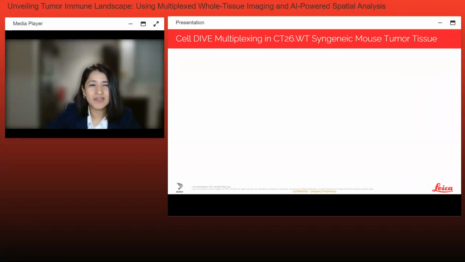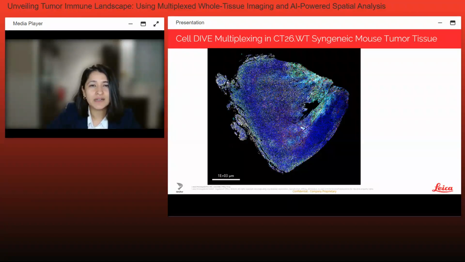And after approximately 7 rounds, we generated some really high quality, large imaging data sets from whole tissue sections using CellDive. Here we see multiplexed whole tissue image that was generated from FFPE section of a syngeneic mouse tumor model of colon carcinoma origin.